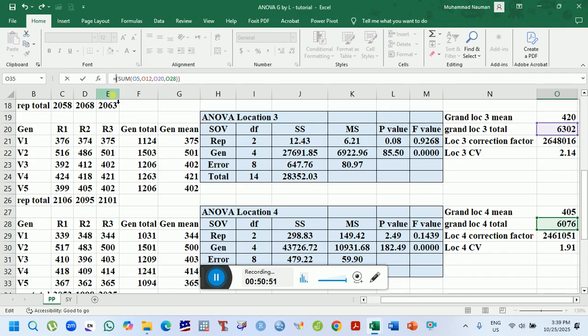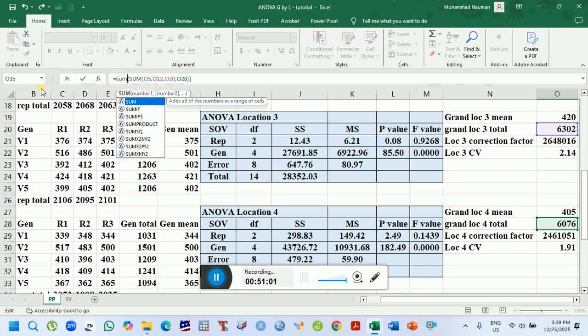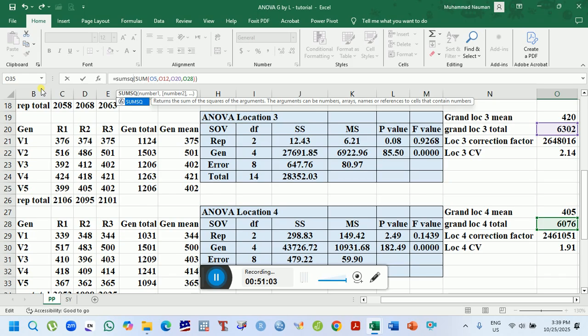To calculate the sum of square for this whole term, just type outside the bracket SUMSQ. Double click on sum of square, and now again this whole term will be closed in one bracket.